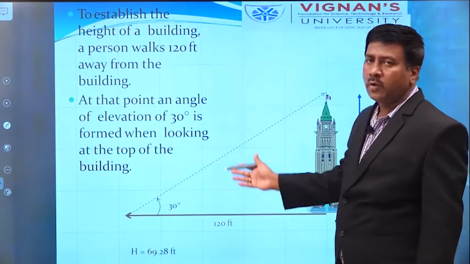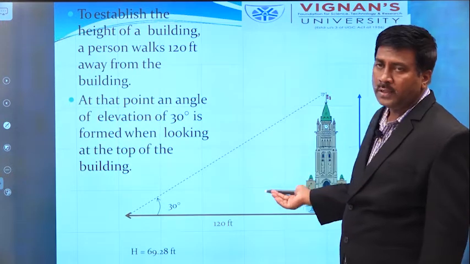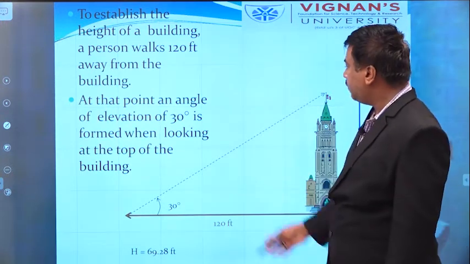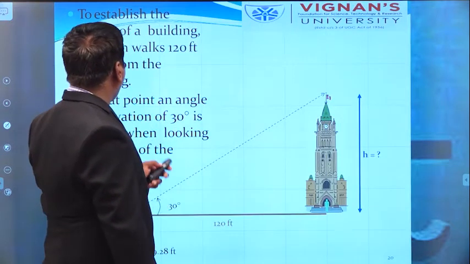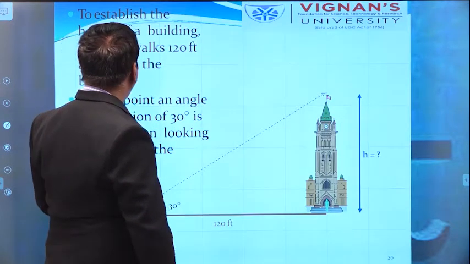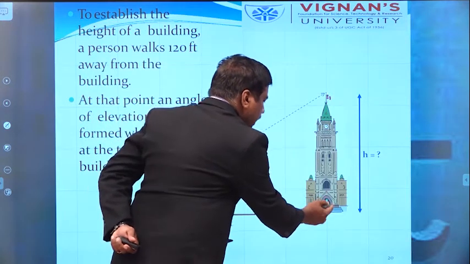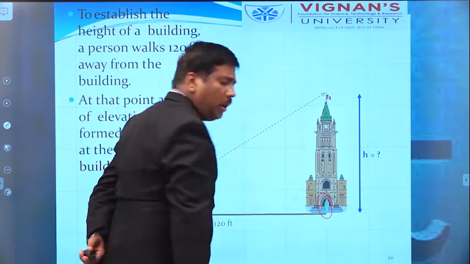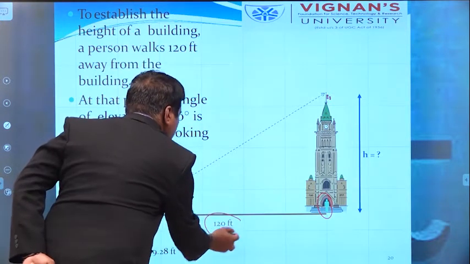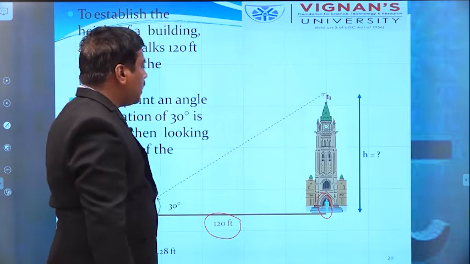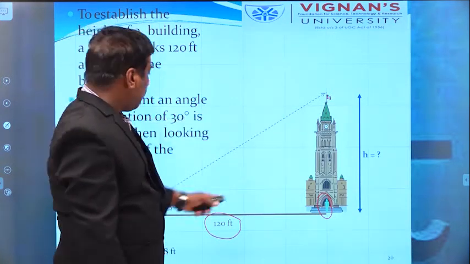Now, I will show some examples of what the angle of elevation is and what the angle of depression is. So please look at the board. To establish the height of a building, a person walks 120 feet away from the building. Suppose the person is there at the building, and he walks about 120 feet. At that place the person sees the top of a tower.